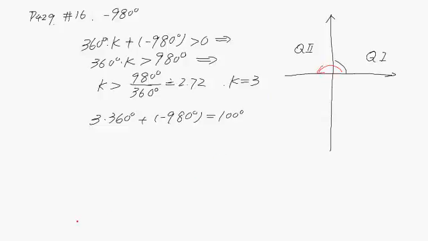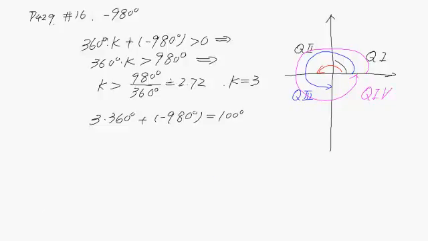If your degree is greater than 180 degrees but less than 270, like this, then you have quadrant 3. And if the degree measure is greater than 270 degrees but less than 360 degrees, like this, then you have quadrant 4, right?